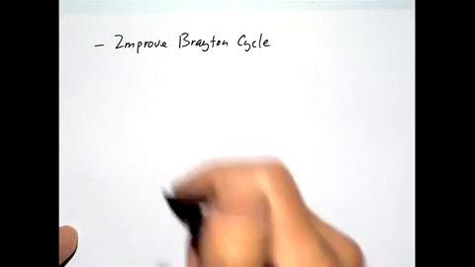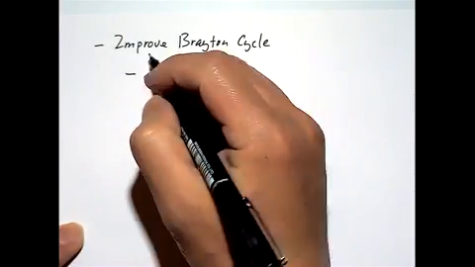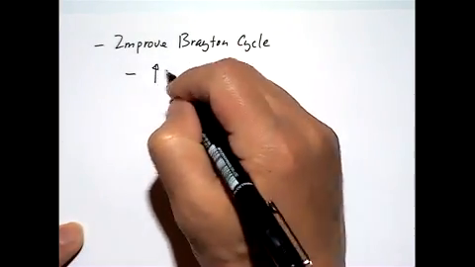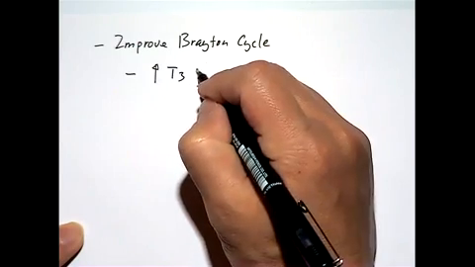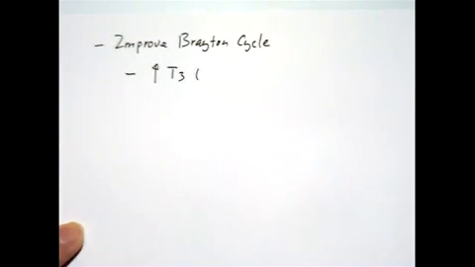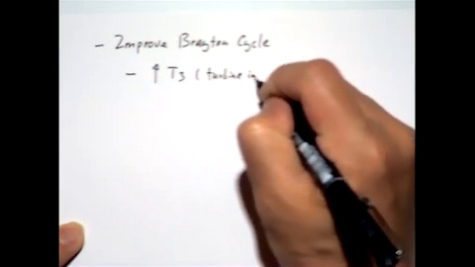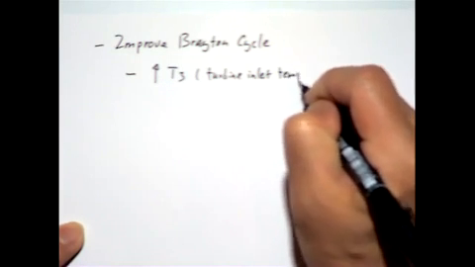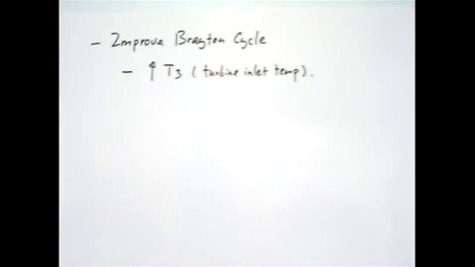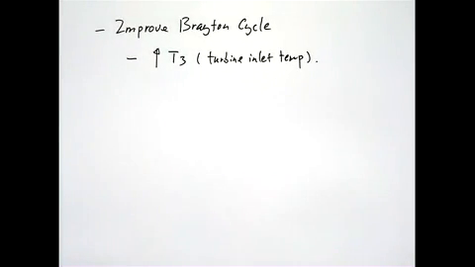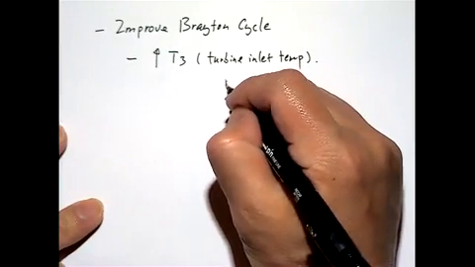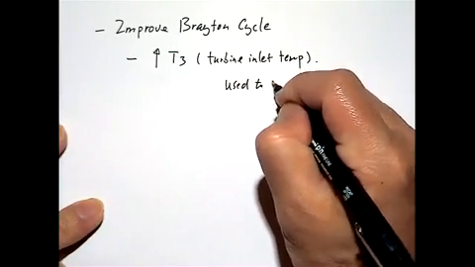One is to increase the turbine inlet temperature, called T3 on the basic cycle, which refers to the turbine inlet. People have already realized this and achieved it as much as possible, so it is already used to the limit.